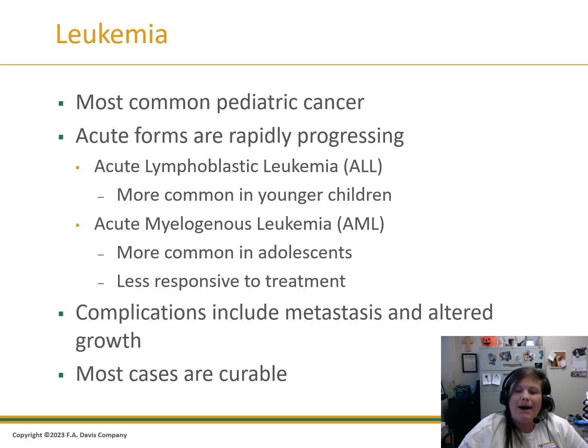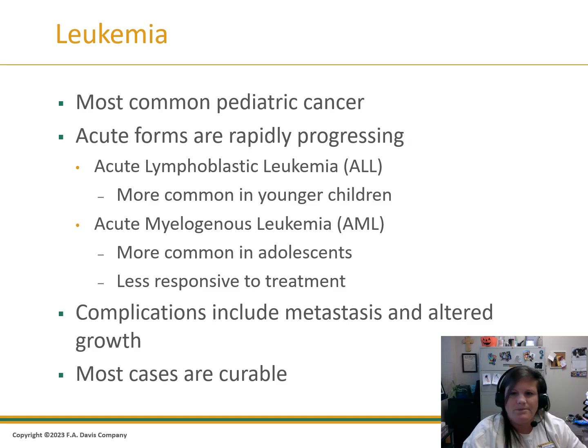The acute myelogenous leukemia, which is abbreviated AML, we see in the older child, generally the adolescent patient. Both are rapidly progressing cancers, but it is known that AML is less responsive to treatment than ALL. So neither is, of course, a desirable diagnosis, but as far as prognosis, having diagnosed AML is usually more severe.